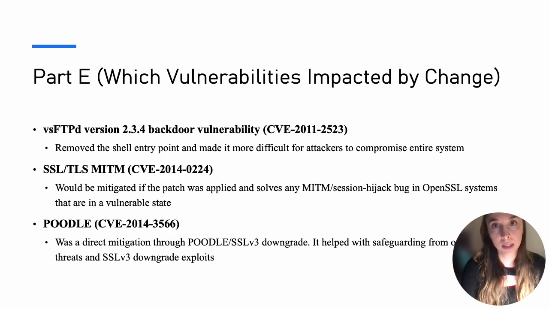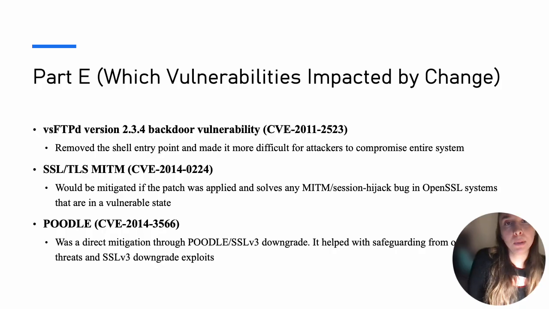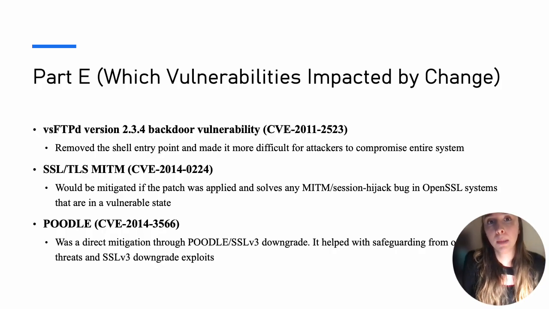Applying the OpenSSL patch fixes the CCS vulnerability, preventing session hijacking MITM attacks on affected OpenSSL versions. And lastly, the Poodle vulnerability: disabling SSL v3 stops downgrade and padding oracle attacks, and it's protecting the encrypted traffic by forcing modern TLS versions instead.